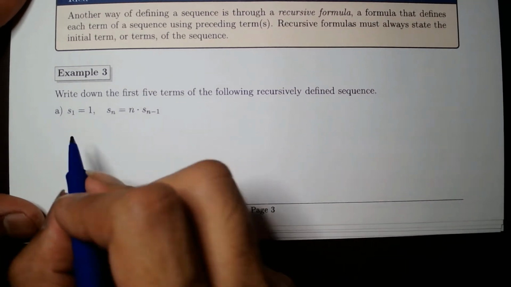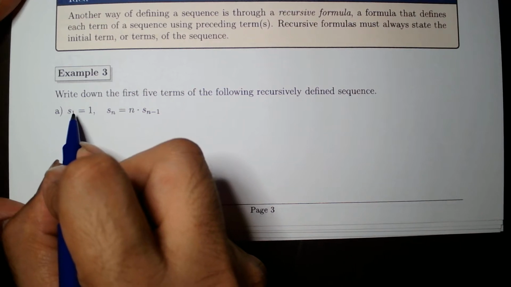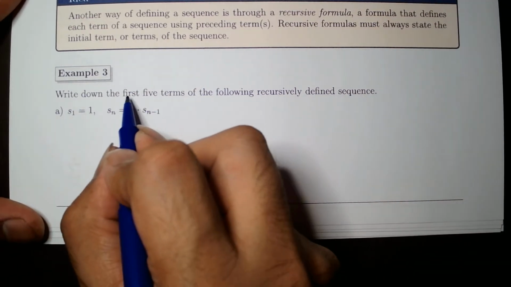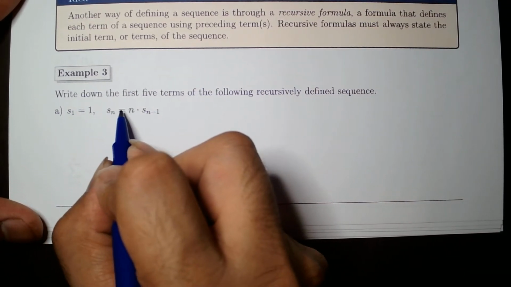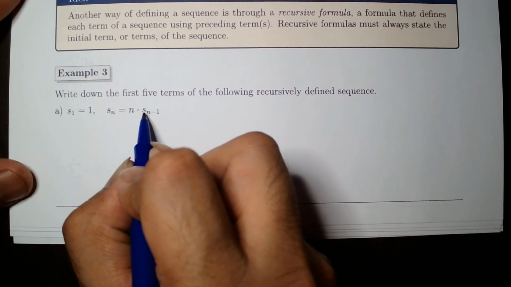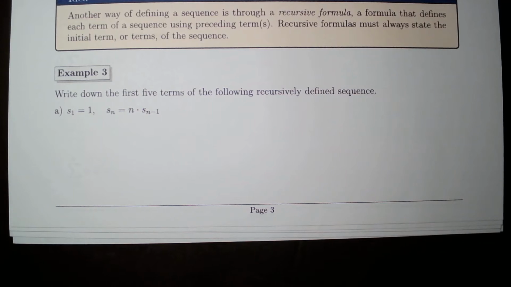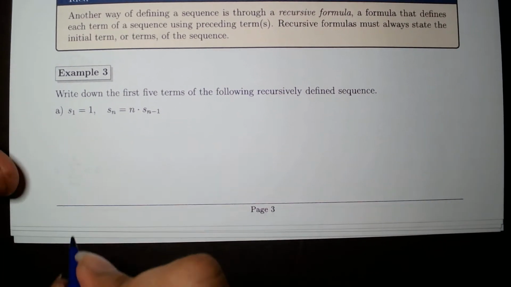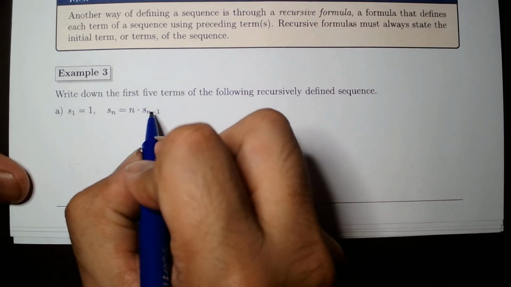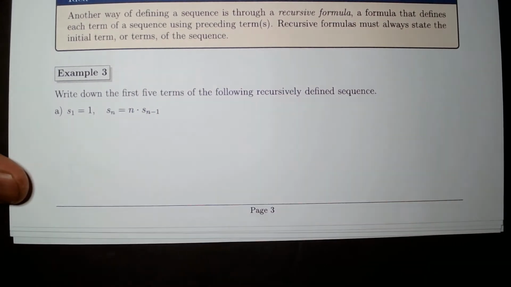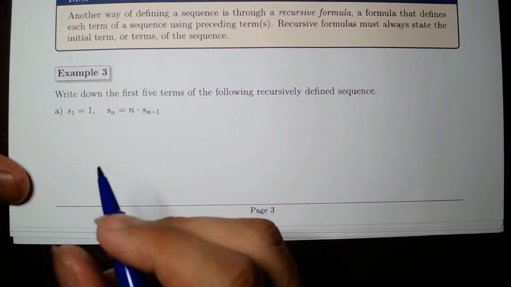All right, so in this case we're given the first term S1, and we have this general term as S sub n equals n times S subscript n minus 1. Be careful here. I'll try my best to make sure this is a subscript. When we write this in a hurry, we tend to write this as if we were multiplying, but it's not multiplication.